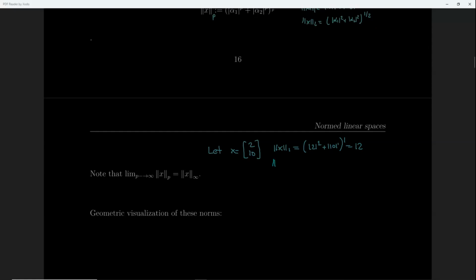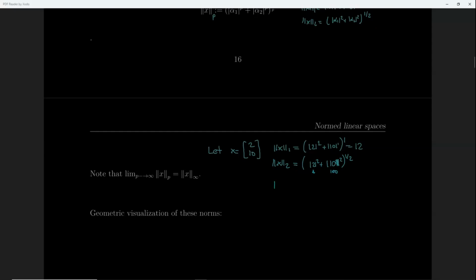And the norm 2 of x is equal to the square root of the absolute value of 2 squared plus the absolute value of 10 squared. This is 4 and this is 100, so we get the square root of 104.